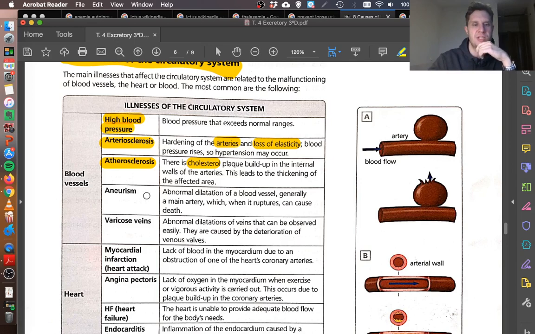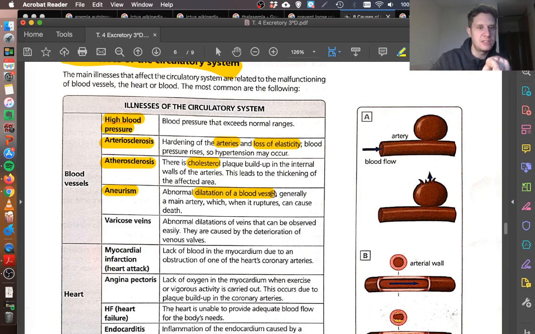Yes, aneurysm is a dilatation of a blood vessel. Yes, so the blood vessel, as I said, these all are very related. So if you don't have elasticity, very likely you're going to have a dilatation of a blood vessel.